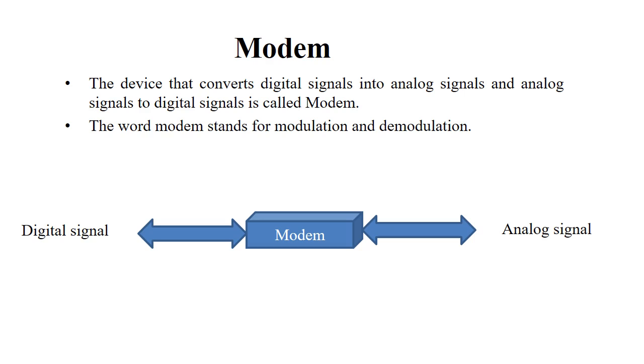Modulation means a digital signal is converted into an analog signal, and demodulation means an analog signal is converted into a digital signal. So using a modem we can establish connectivity to the internet. So it is also an important component of a computer network.